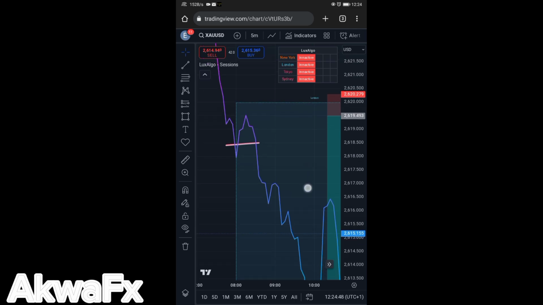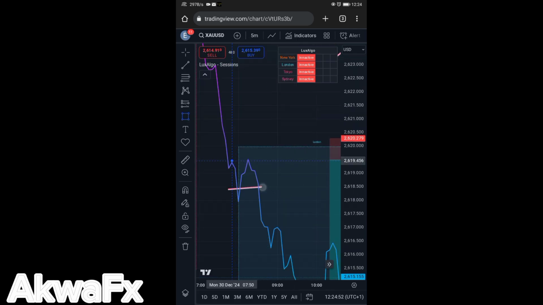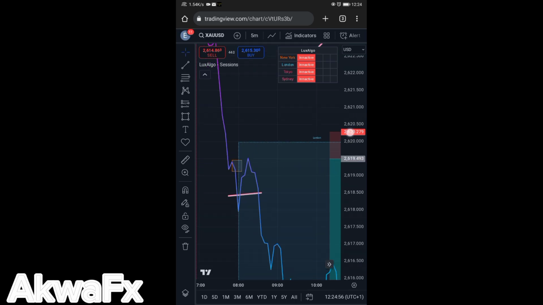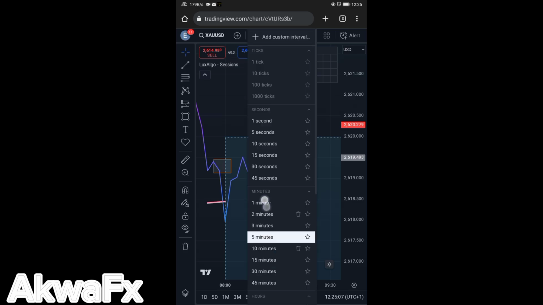Once that happened, I marked out this very zone here. That was where I marked out. After I marked out that high, I went to my 1 minute chart to wait for the candle to come in.